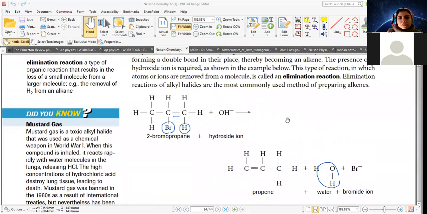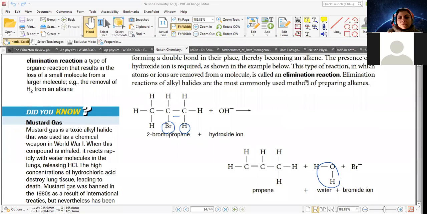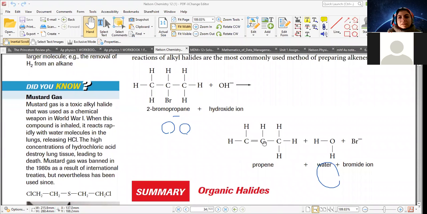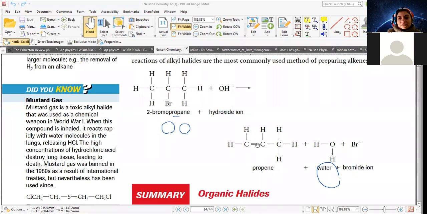Yeah. Any question? No. You call it an elimination reaction. With alkyl halides, the halide is a halogen attached to a hydrocarbon. Alkyl halide plus OH, which is the hydroxide ion, will give you the alkene double bond, water and the halide ion.